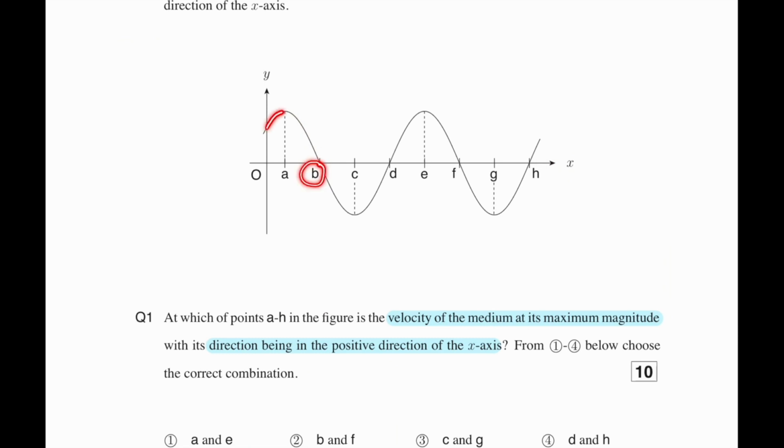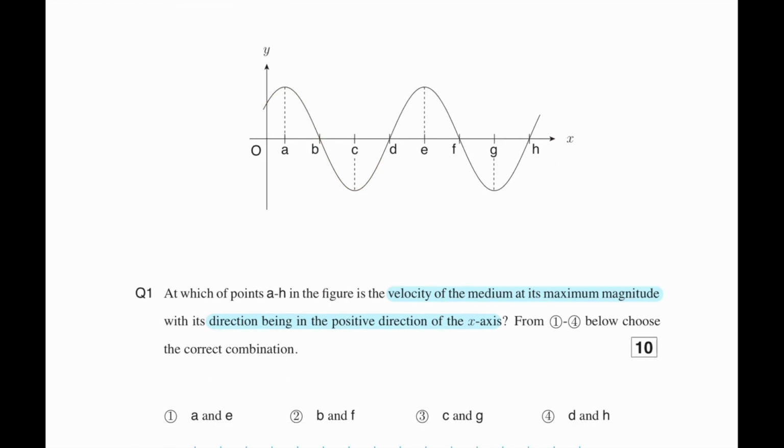Since this particle is moving to the right, of course the particle after B is moving to the left because they are located below the x-axis. That means B is compression. So I already know here B is compression. Of course D is rarefaction, and then F is compression, and then H is a rarefaction.